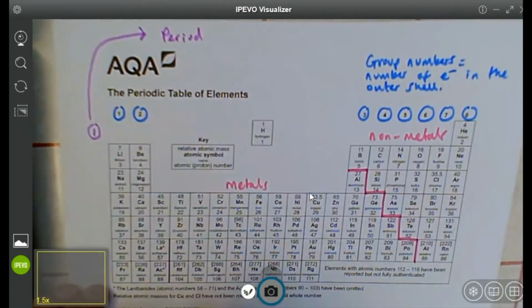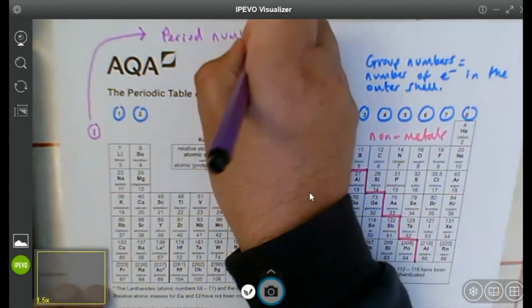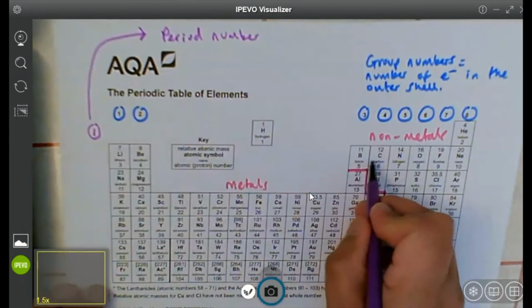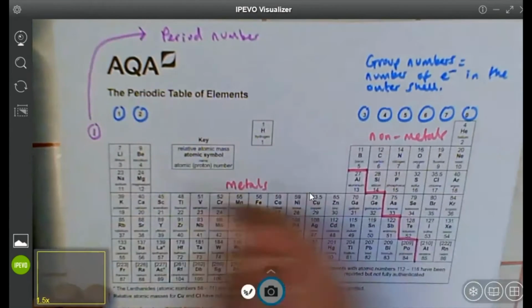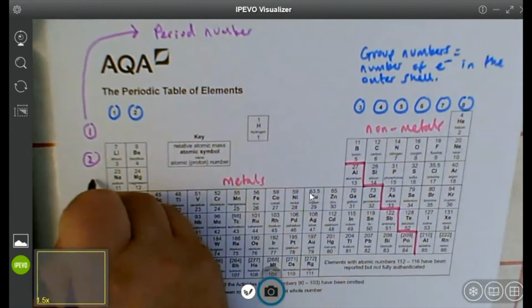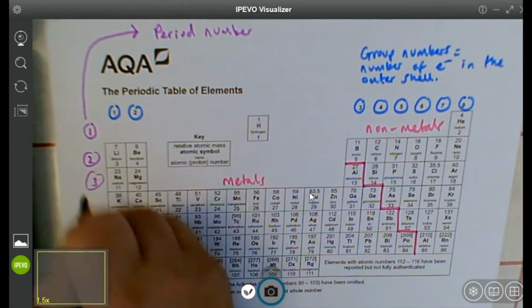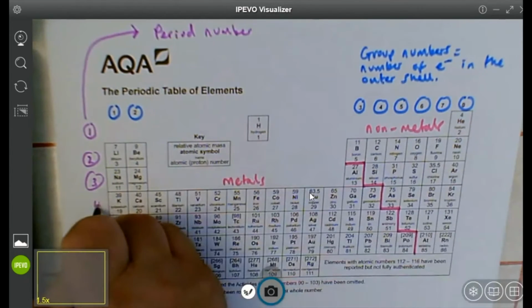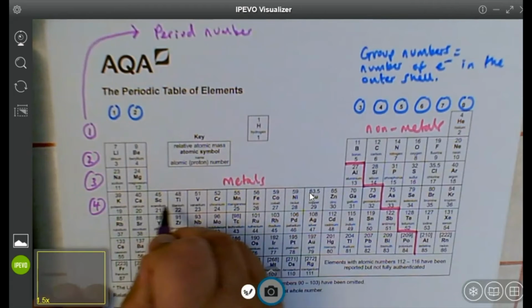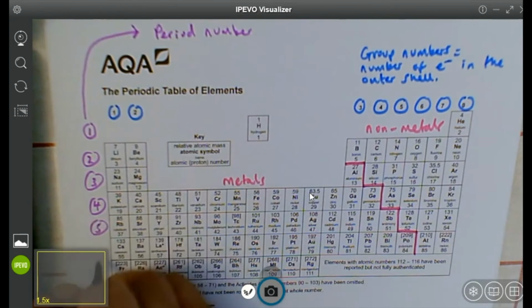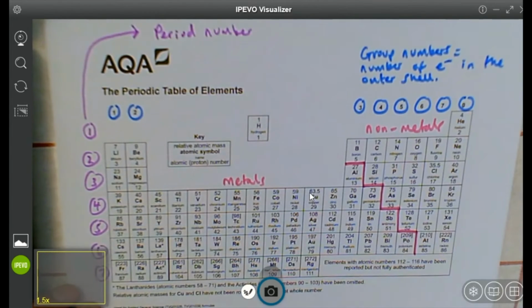That's the period number. Lithium, beryllium, boron, carbon, that's the horizontal row there. That's period 2. Then you've got period 3 for sodium, magnesium, and so on. Period 4 for potassium, calcium, scandium. I'll put them all in: period 5, period 6, period 7. So those are the period numbers.